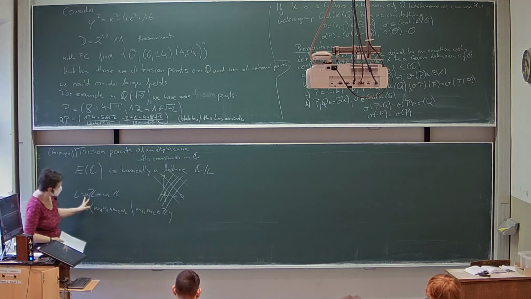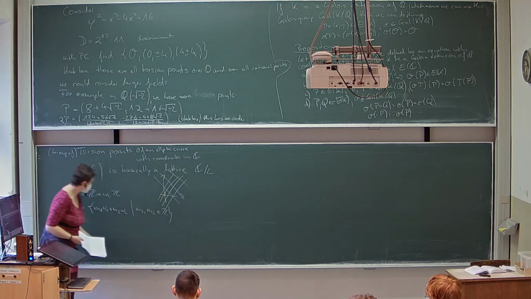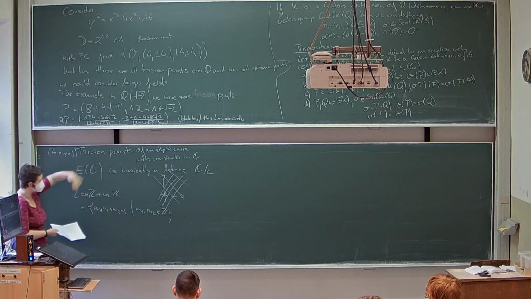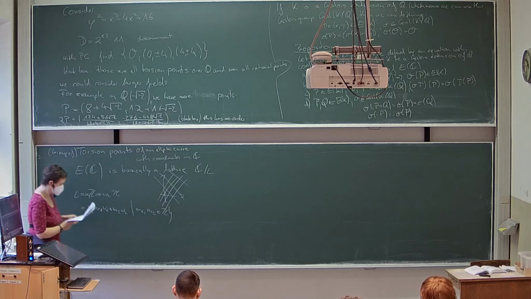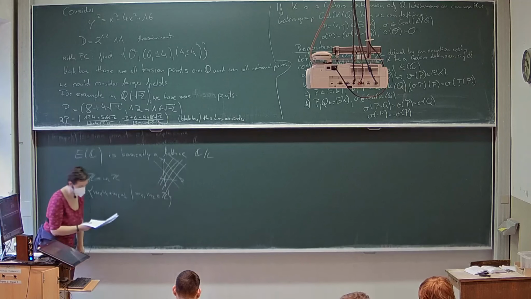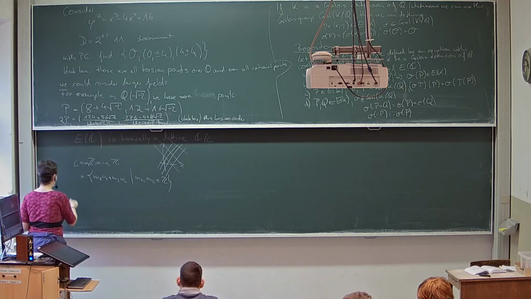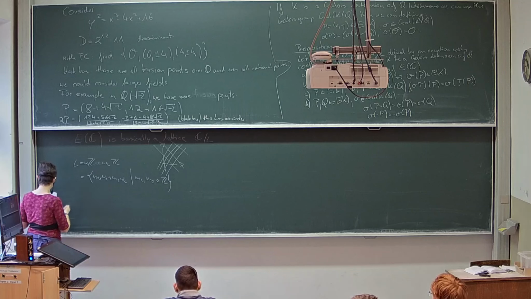We have two base vectors that give us the direction, and then we have integers m1 and m2, so we can go in any direction. And now we consider the n-torsion in C modulo L. Let me think how I write that down.